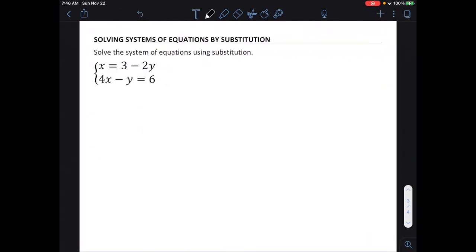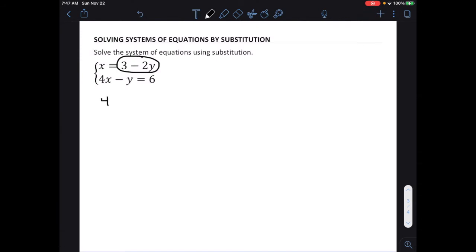All right, in the second example, it's very similar. We see x equals, so we know that we can substitute for x in the second equation. So we're going to replace the x with 3 minus 2y. So we're going to go ahead and do that.